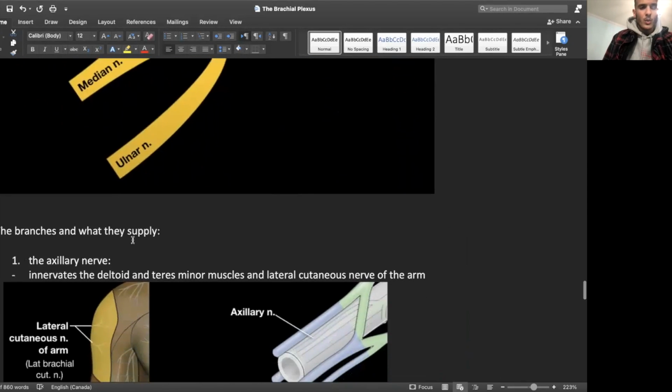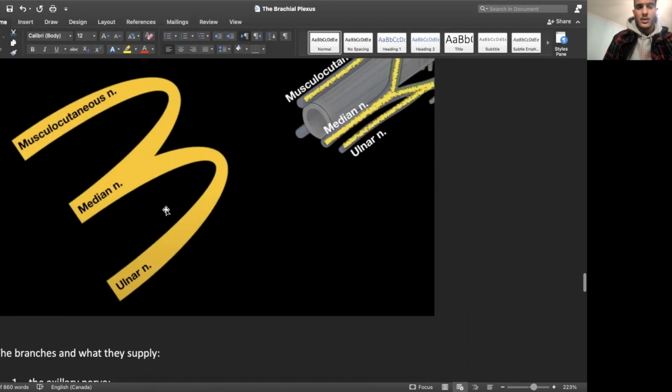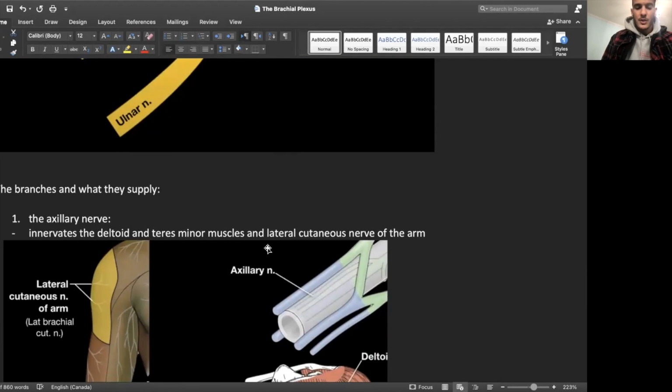The branches and what they supply. So the axillary nerve, remember, is not part of this M-shaped region. It comes out from the posterior cord. The axillary nerve is the first nerve coming out of the posterior cord, together with the radial nerve.